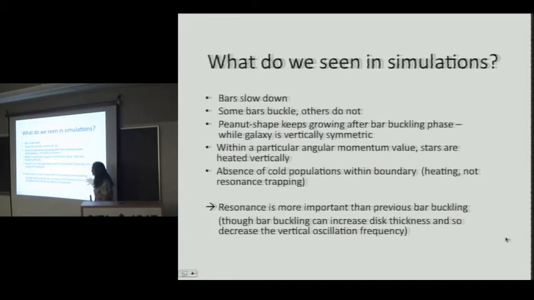I think the resonance is more important than the history of bar buckling. Although, a vertical resonance is going to depend on the vertical oscillation frequency, which depends on how thick the galaxy is. As the galaxy thickens, the vertical oscillation frequency drops. So previous bar buckling can change the thickness of the disk even if it's not setting this peanut-shaped feature.